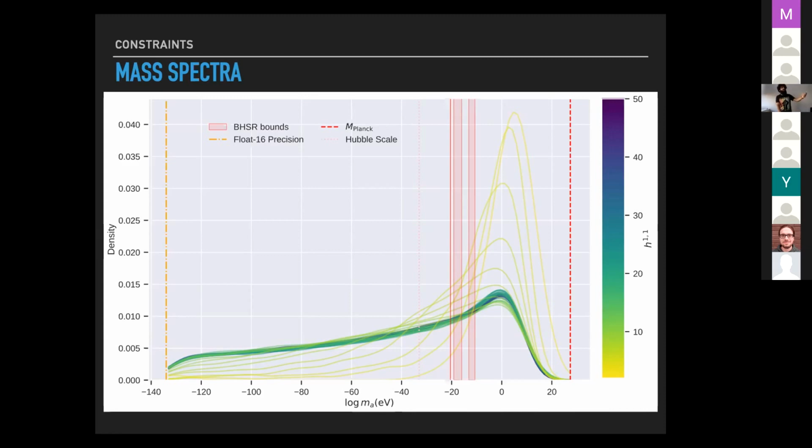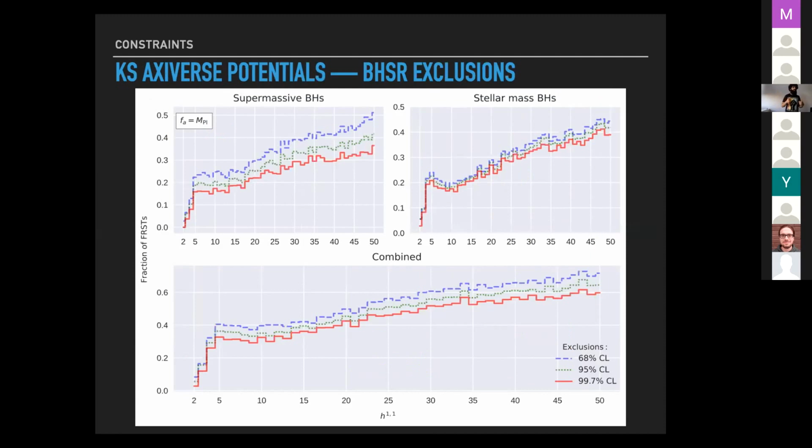And so here, therefore, we have the masses, and I can re-show this plot. So now that we've got the masses and we've got our bounds on black hole superradiance, we can apply both the cuts from supermassive black holes and stellar mass black holes. Because we don't want to consider self-interactions yet, we fixed F to be the string scale, which in our case, we've just set to the reduced Planck mass.